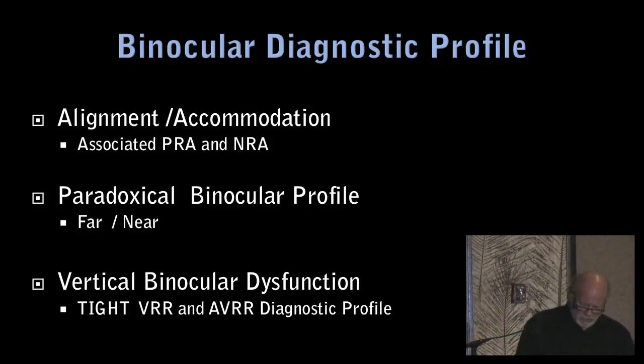Now, here's another interesting thing. It just kept going on and on. Paradoxical binocular profiles. 25 to 30% of your patients with CI manifest an eso fixation disparity at far that is not always at all obvious through the regular vergence measures.